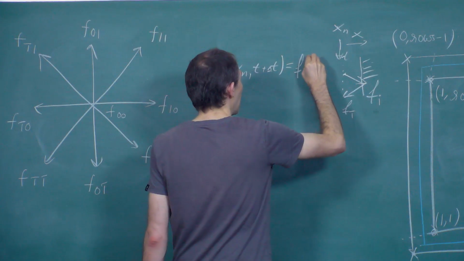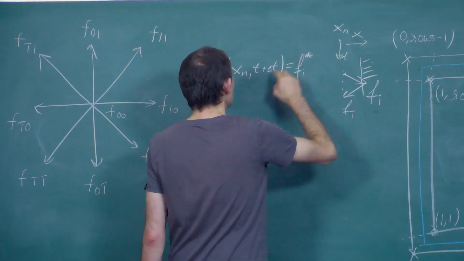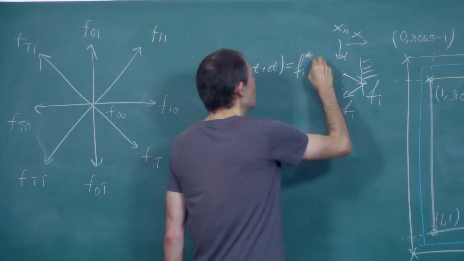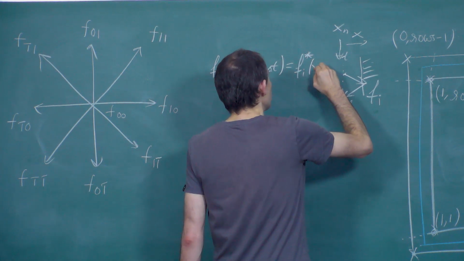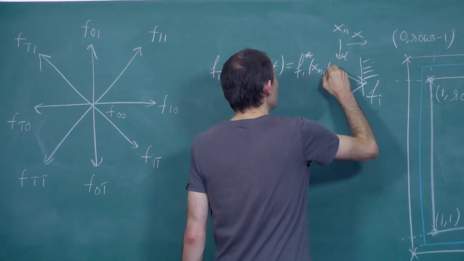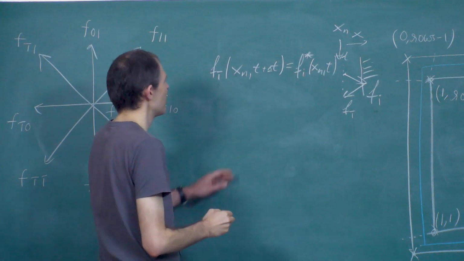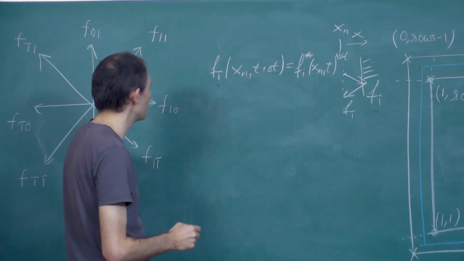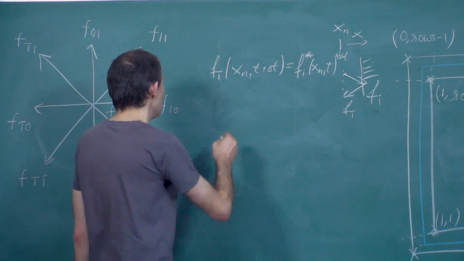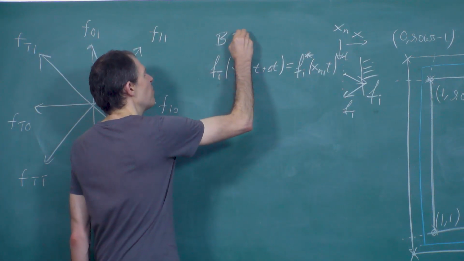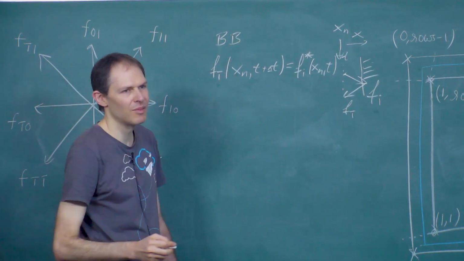So this is f_i after the collision. So this is before the collision at the position x_n and at the previous time. Okay. So a little bit I'm coming into my own domain here. So this is the usual bounce-back, right?